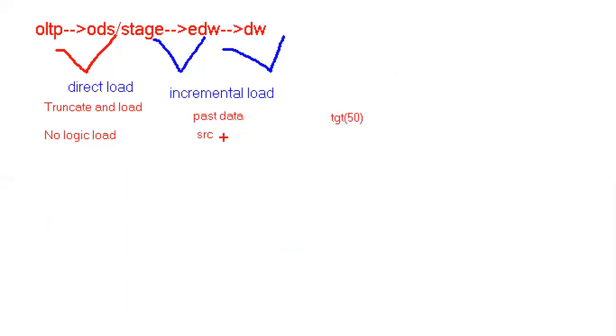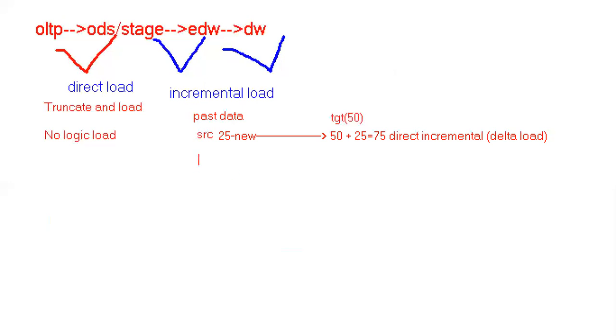In today's load, the source has 25 records, all new records. Now at the target level you want to make it 50 plus 25, that is 75. This is called direct incremental. You are incrementing the destination, and we call it delta load. The difference between them you are loading.